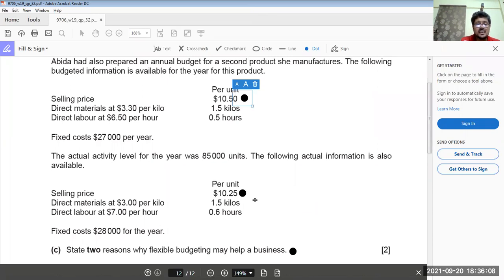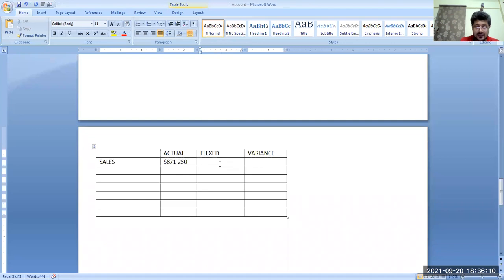According to budget, if they are selling 85,000 units, they were supposed to earn 892,500. So there is a variance, and it is an adverse variance. 871,250, 21,250 adverse.